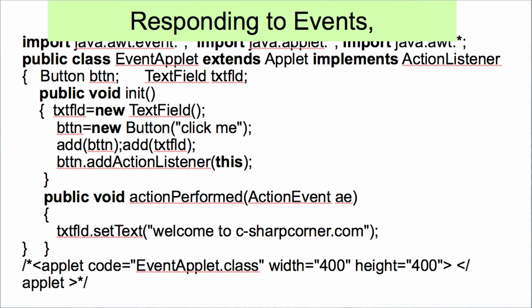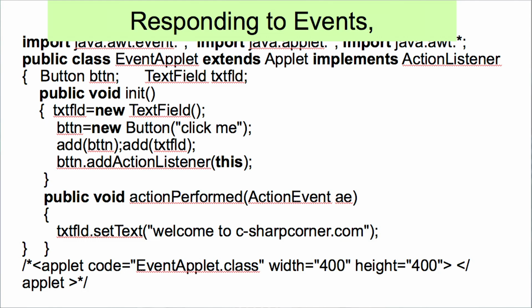"Click me" is the caption of that button. So we have defined two different components, a text field and a button, and the third line inside this init function is add button as well as add text field, so we are adding the text field and the button here.